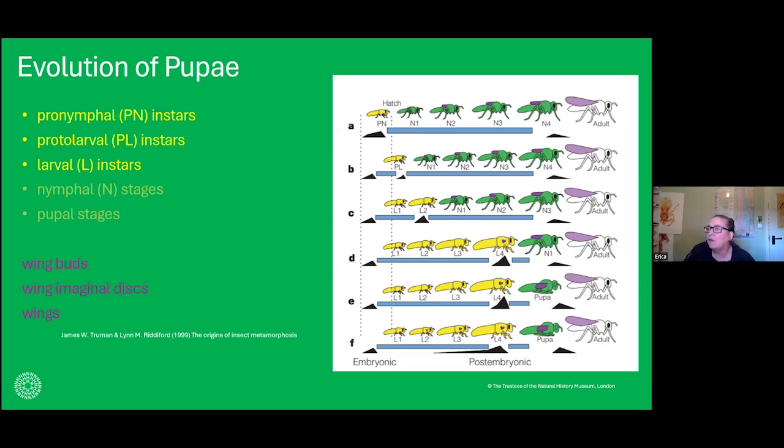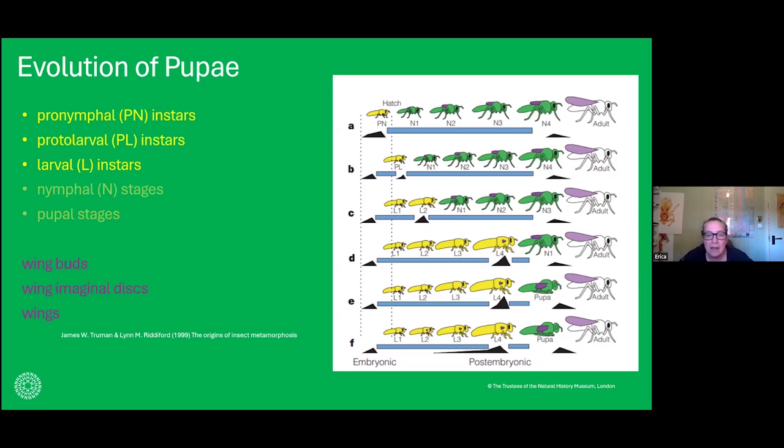And they've color-coded it, so you can look with the yellow ones being the pronymphal, protolarval, larval instars. So this is how they're matching them up. With the nymphal, pupal stages, the green ones. And then we look at the wing buds, the wing imaginal disc and the wings that all correlate to each other, and they're in the purple.